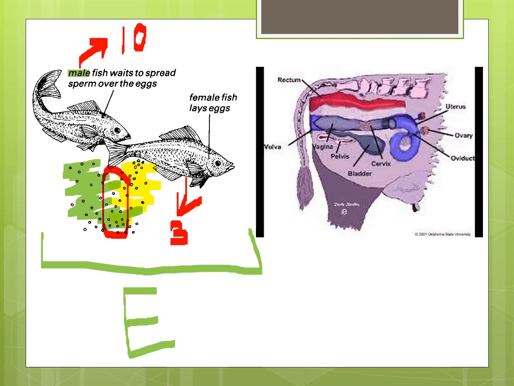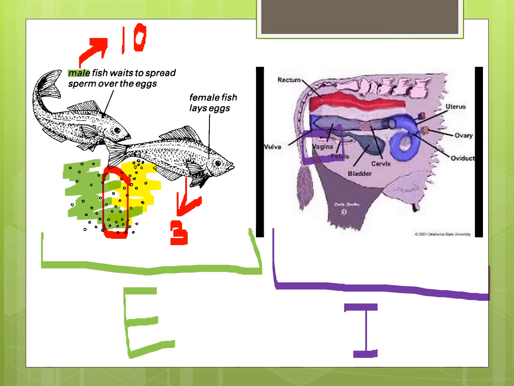If we now have a look on the right, we are looking at internal fertilization. This diagram shows the reproductive system of a cow, and we have a vagina in this reproductive system into which a penis can enter and sperm can be released. However, there is a protected and set pathway that these sperm cells can follow once inside the cow.